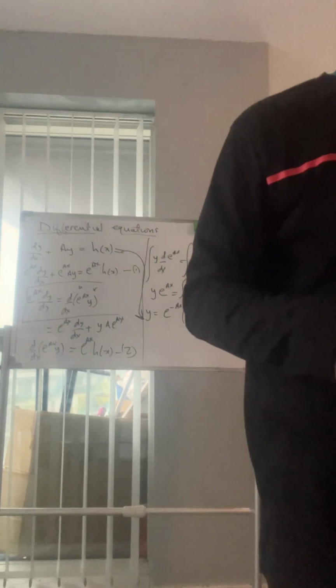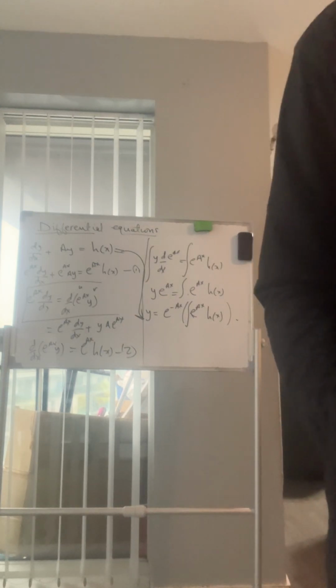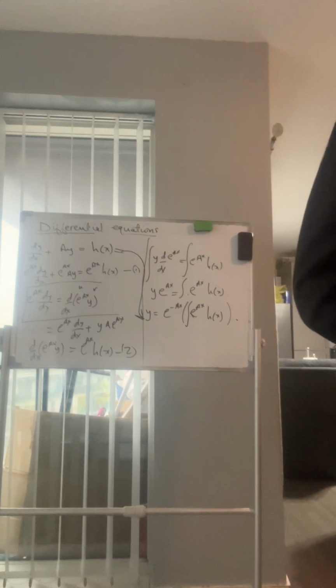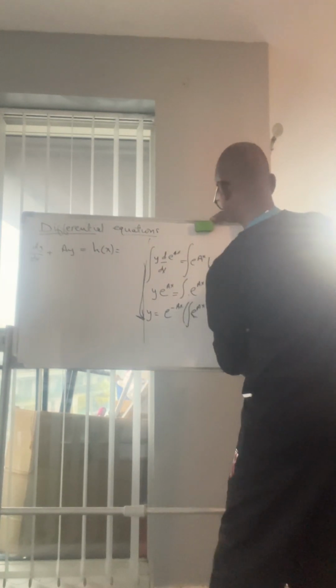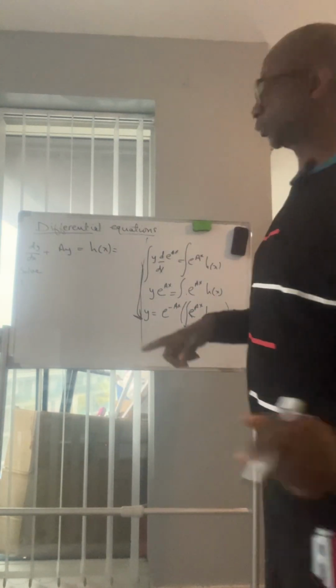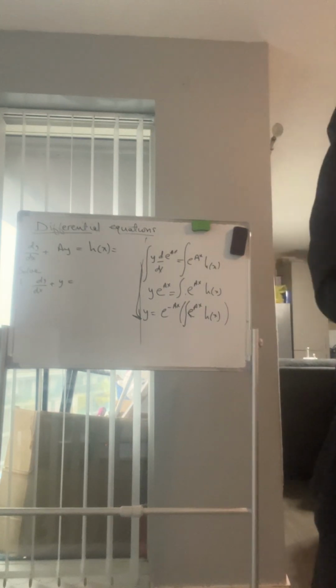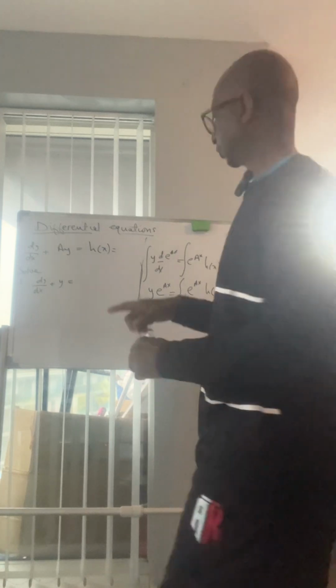Now let's look for a problem to solve for half time. You are given: find the solution, solve. 1. dy/dx plus y is equal to e raised to the 2x.